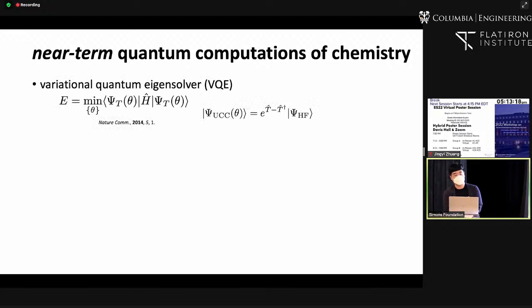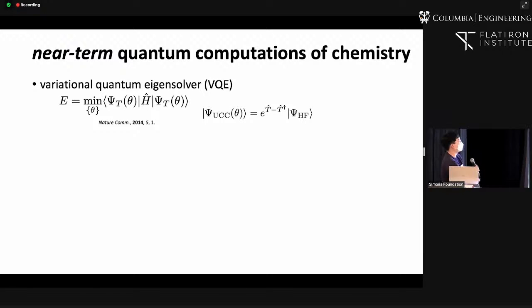And in the previous talk, we learned about this variational quantum eigensolver approach, which is really practicing the well-known variational principles in a quantum classical hybrid fashion. So the trial wave function here is a sophisticated trial wave function, something like a unitary coupled cluster wave function.